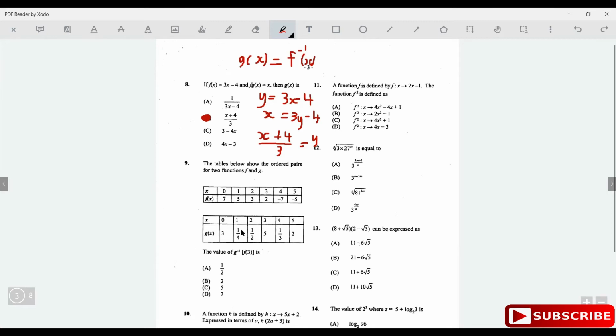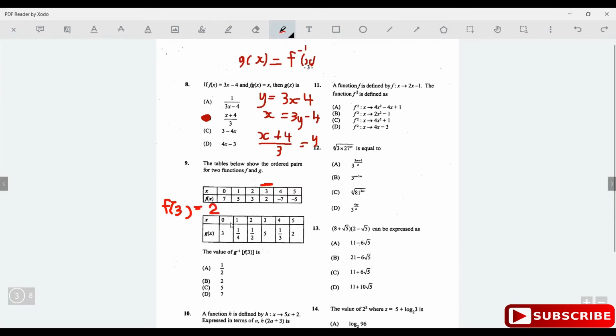So the first thing I would like you to do is find what is f of 3. So this is when x is 3. I look when x is 3, and that is 2. So that means that f of 3 equals 2. That's the first thing we realize.